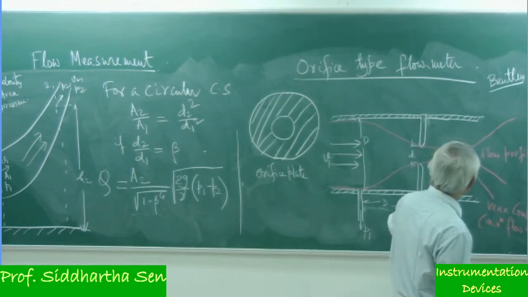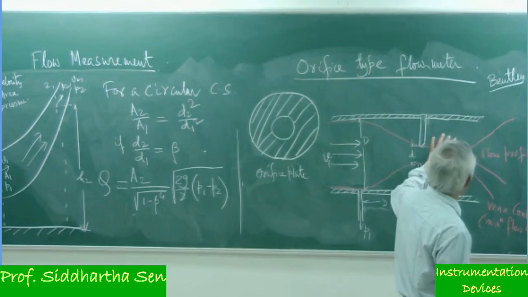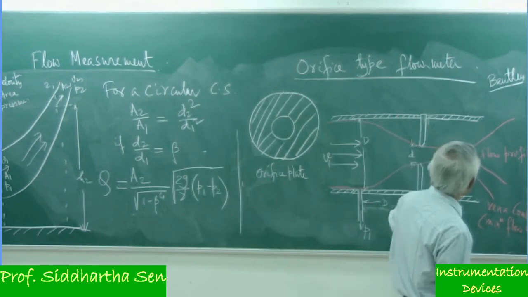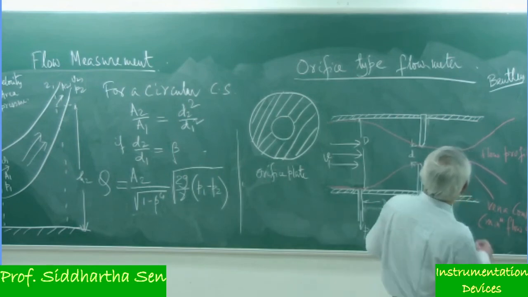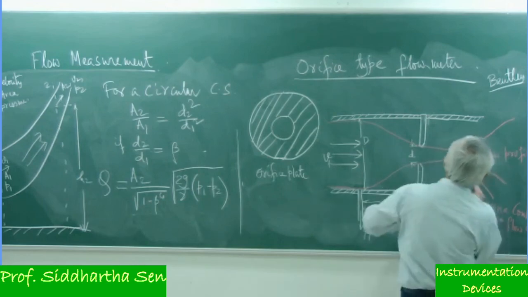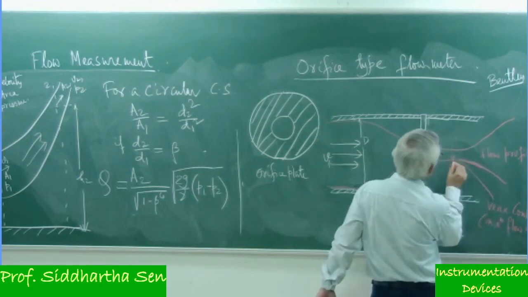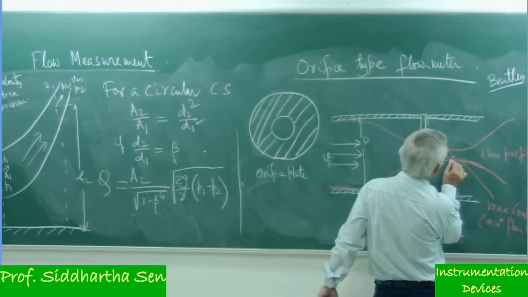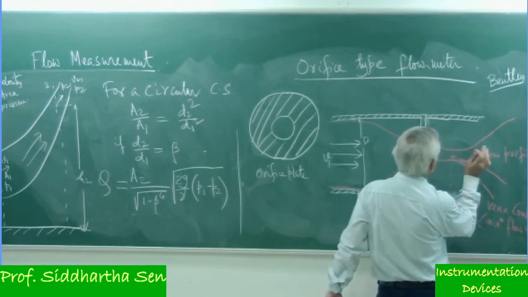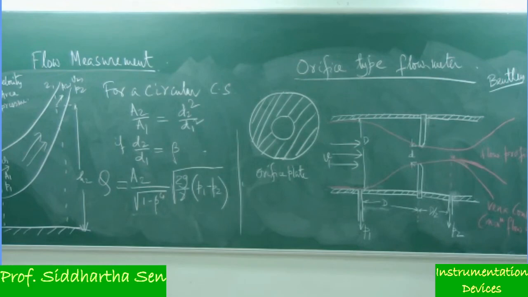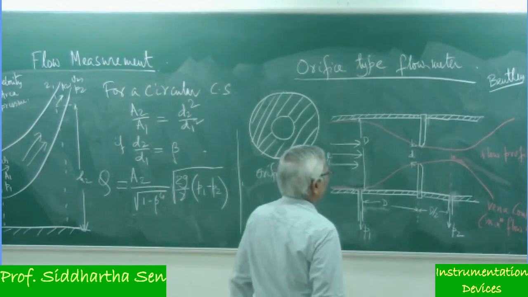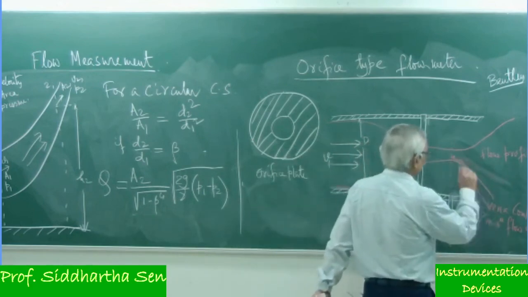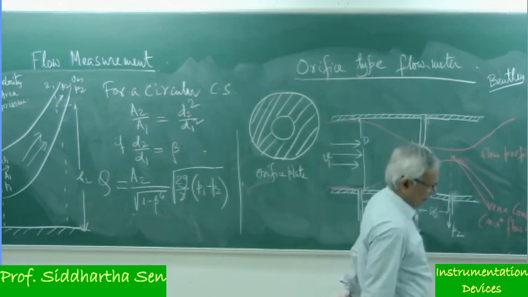And the tapping P2 we try to place around the vena contracta, where it is the minimum flow area there. Okay. So this is your vena contracta, where is the minimum area.